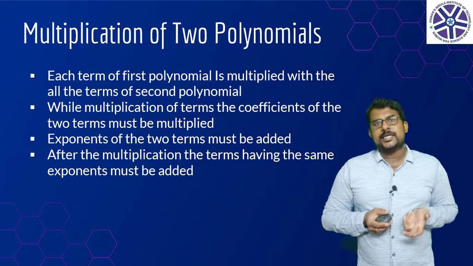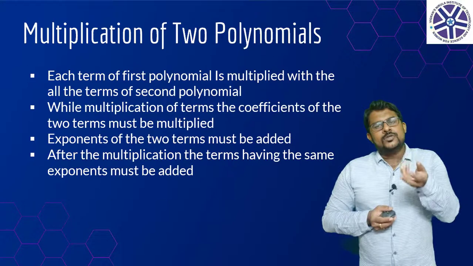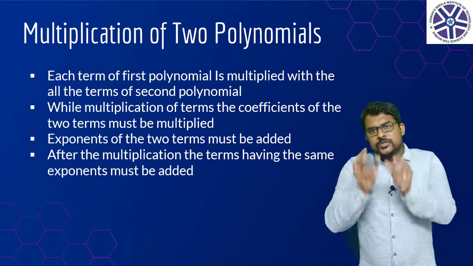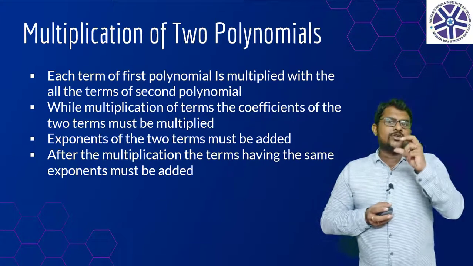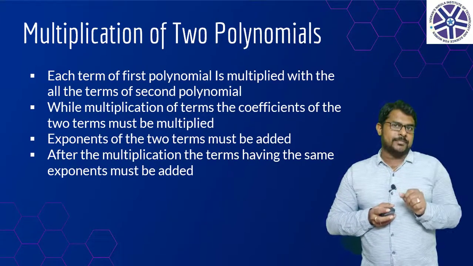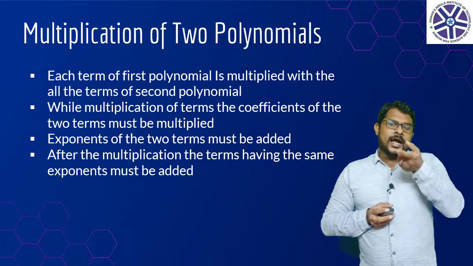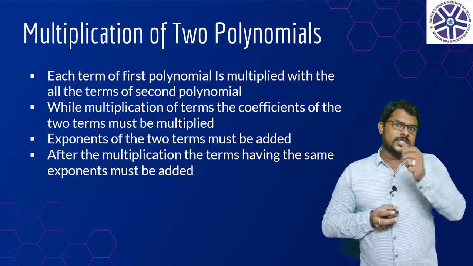So during multiplication, if we have to multiply two terms, first of all let us see the coefficient part. The coefficients of the two terms must be multiplied to get the result. And the exponents must be added to get the result.